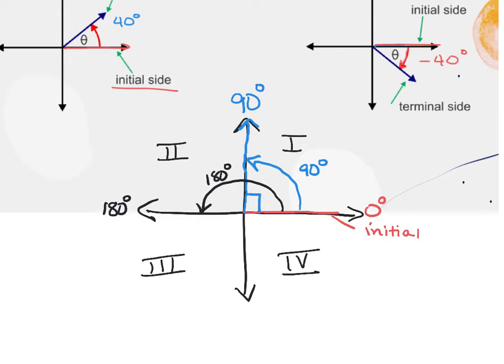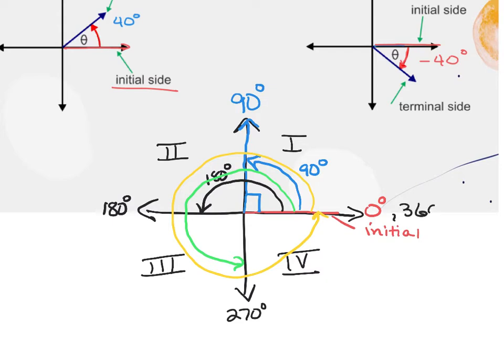And then down here, if I go all the way around, 90, 180, and then stop here, this is the 270 mark. And then if I go full circle all the way around, this is creating a 360-degree angle. So this side over here is for both 0 degrees, my initial side, and if I go full circle, it could also be the terminal side when it's 360 degrees.